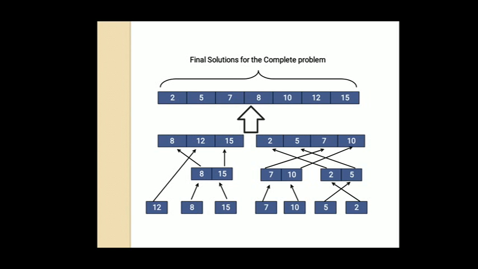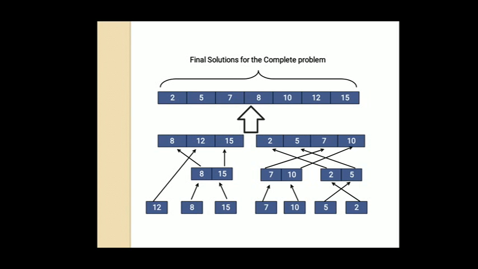Considering these three elements, the first half of your array, 8, 12, 15 are now sorted. Taking 7, 10, 2, 5, as you can see, 2, 5, 7, 10 are sorted. Moving ahead to level 3, both the halves have been sorted and finally you get the combined result, the sorted elements of your array.